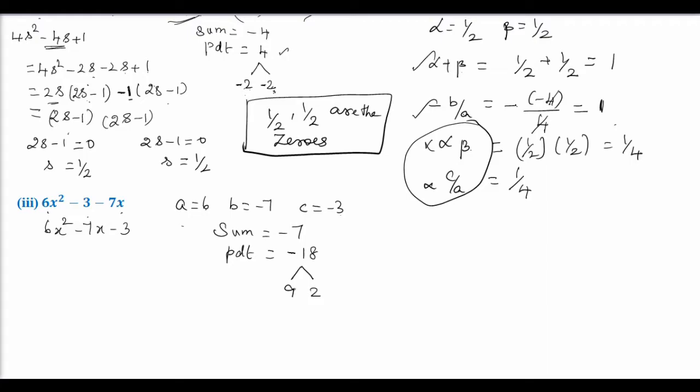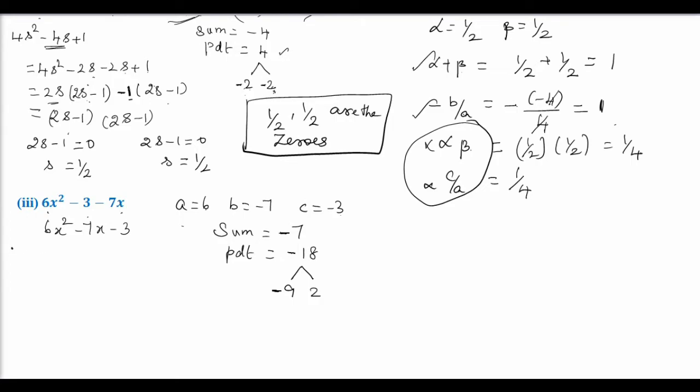So either 2 or 9 should be negative. Before applying the sign, you check the sum. If the sum is negative, I have told you to place the sign with the bigger number. So now you check, minus 9 into 2 is minus 18, right? And minus 9 plus 2 is minus 7, right? Okay, so we have got two numbers whose sum is minus 7 and product is minus 18.